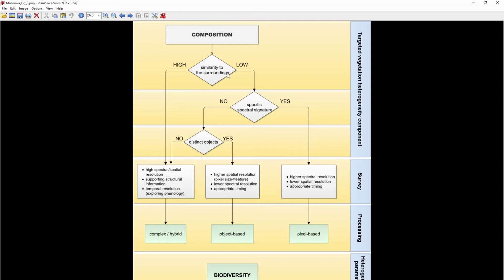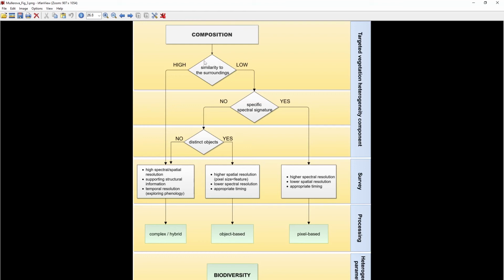We can also aim at mapping some specific species such as plant invasions or some species of specific nature or high natural value, like rare species, etc.